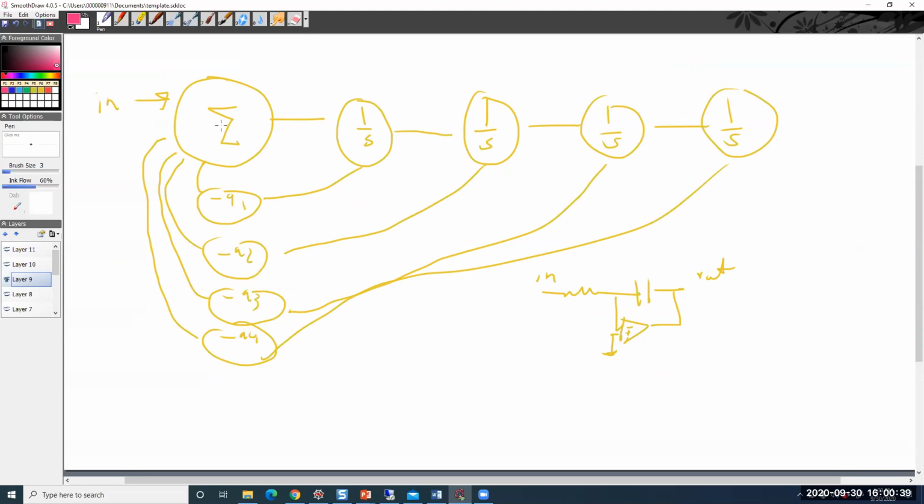You can independently do that with one op amp rather than adding an op amp every time you need an inversion, all right? Because here, this would be minus 1 over s, then this would be plus 1 over s squared, then minus 1 over s cubed, plus 1 over s to the fourth. And so, again, where that's coming from will be later, but just to show you that it's really needed.